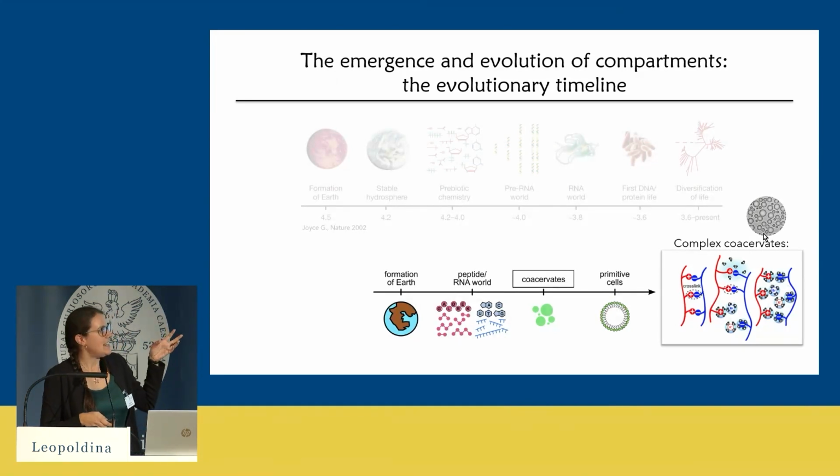So the issue, and the reason why I put these coacervates later, after the peptide RNA world on the timeline, is because the type of model of coacervates that have been proposed so far rely either on very, very long RNA strands, usually ribozymes, so 50, 80 nucleotides long, which from a prebiotic point of view are, let's say, not as plausible, or at least we haven't found a way to synthesize such long sequence-specific RNA strands.